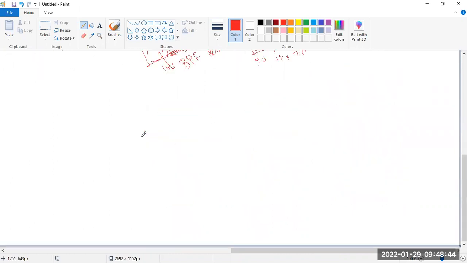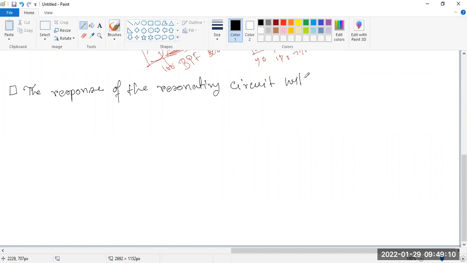So this is the band, and the response of the resonating circuit is to be flat.